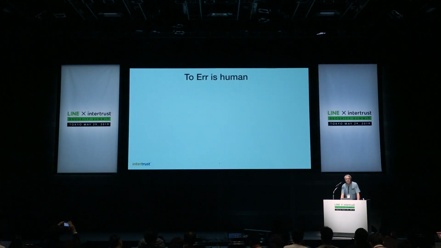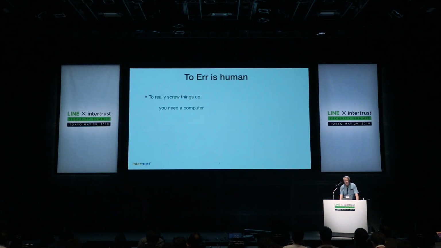And we're going to need to do this really carefully and apply principles whereby we don't do things that we don't really have to. We don't complicate things more than we have to. And we make things as transparent as we can. There's an old saying, to err is human. Now it is an old saying. But to really screw things up, you need a computer.